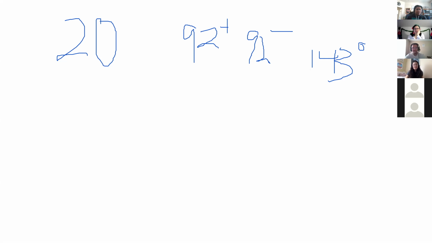Isn't it the proton? Because the neutron has like no mass. Okay, so we know the proton weighs something. Does the electron weigh something? Is the electron small or big?